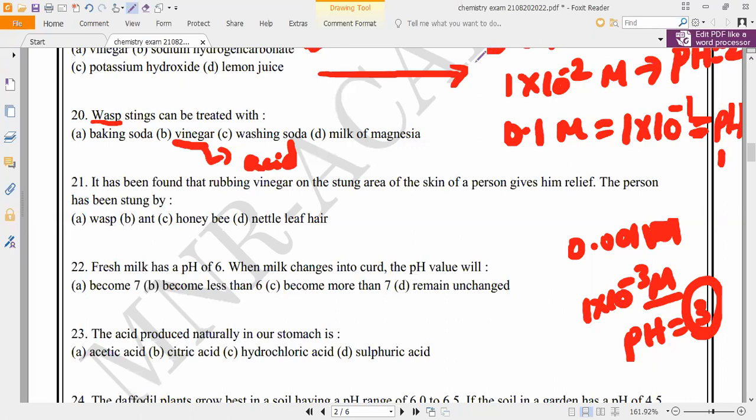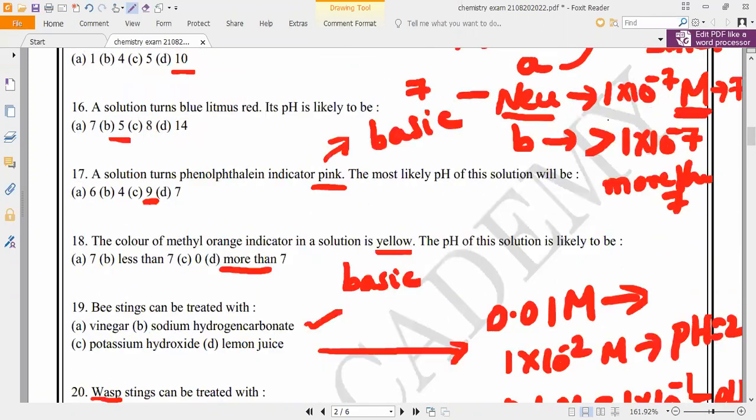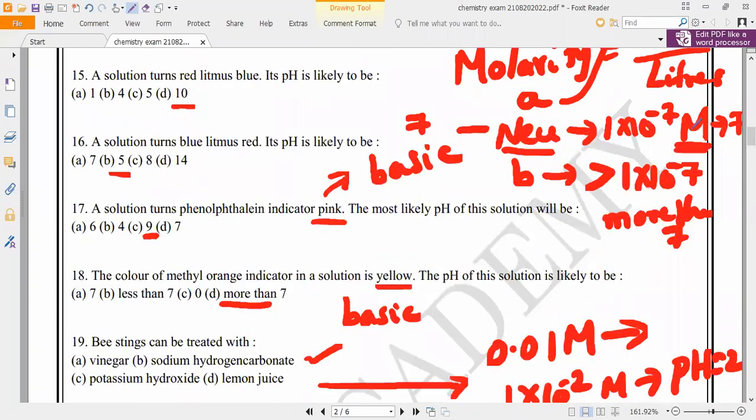H plus ions are more, OH is less. If you go to bases, OH is more, H plus ions are less. Understand, guys? This concept, note it down, all of you. pH is equal to 7. What is the molarity? 1 into 10 power minus 7 M.